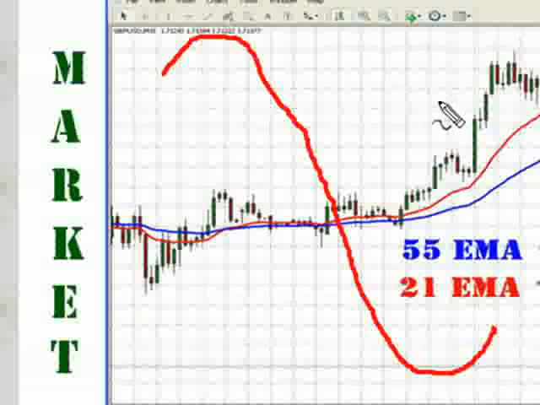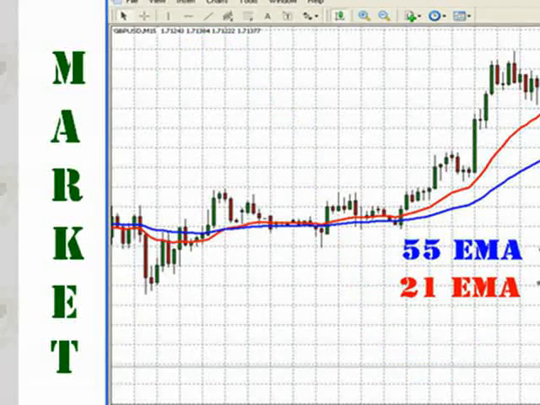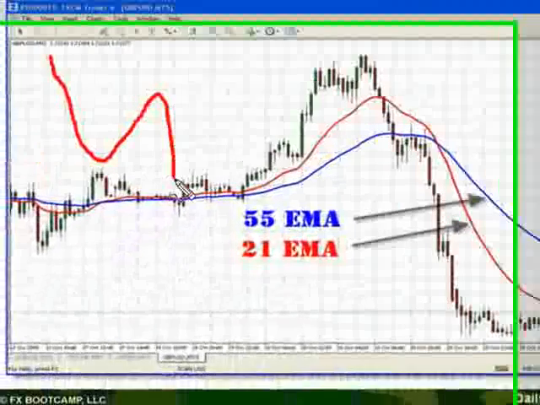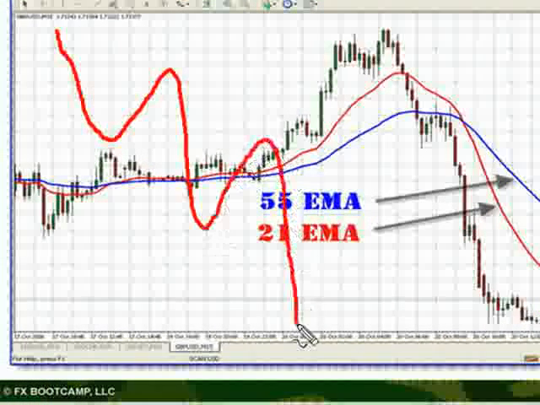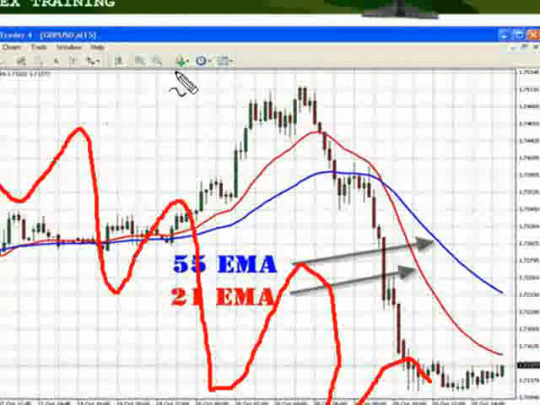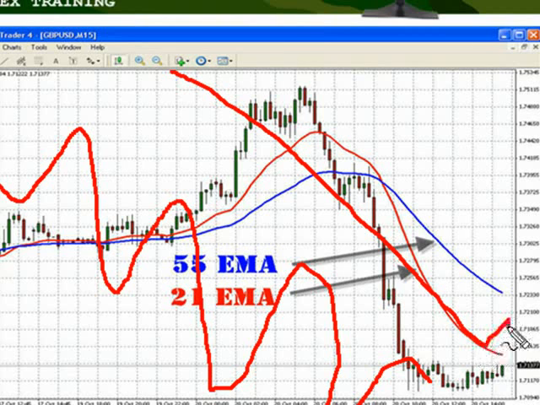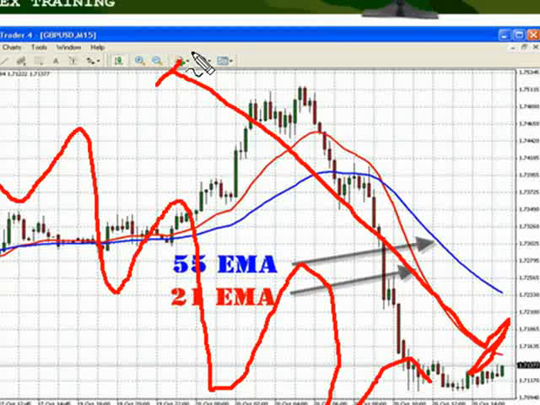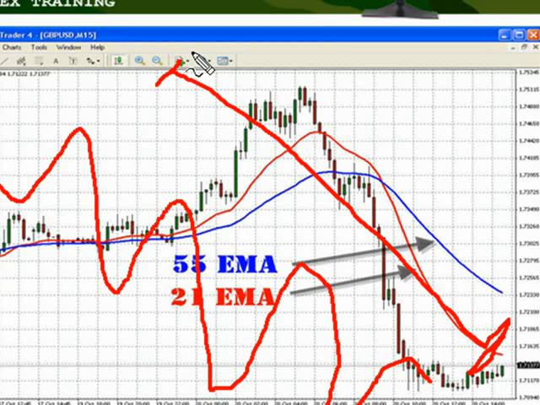When the market falls, we know that the definition of a falling market is a series of lower lows, lower highs, lower low, lower high, and on and on, right? So even if the market is down, price can still go up. In fact, price goes up all the time in a down market. So that's why I want to separate the two.